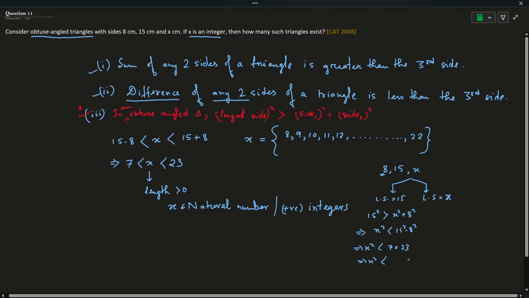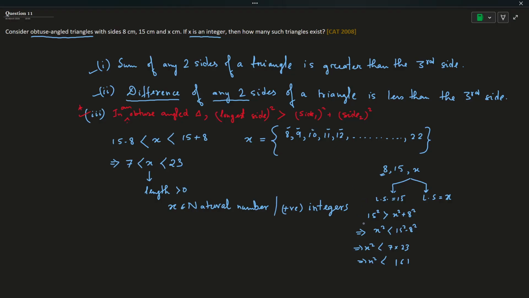So x square is less than 161. That means x can take 8, 9, 10, 11, 12. x cannot be 13, guys. If I take x equal to 13, 13 square is 169, and 169 is greater than 161. So till now, these 5 values of x are possible.